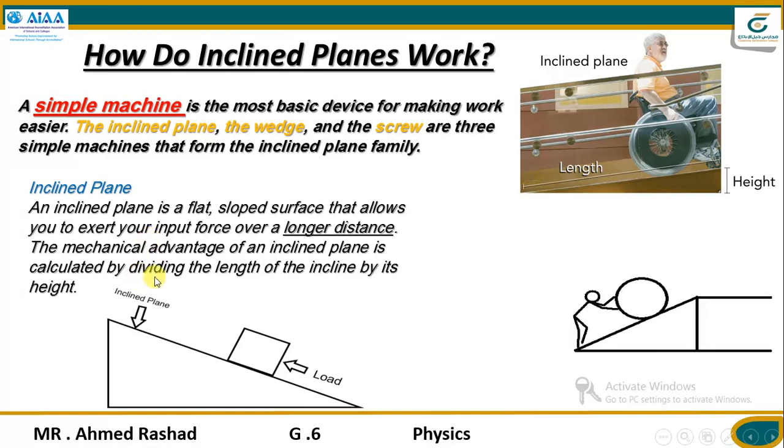That is the ratio between the input force and output force. For inclined planes, the mechanical advantage is calculated by dividing the length of the slope, the inclined plane, by its height. Now all of you understand the meaning of simple machines and the inclined plane, example number one for the inclined plane family.